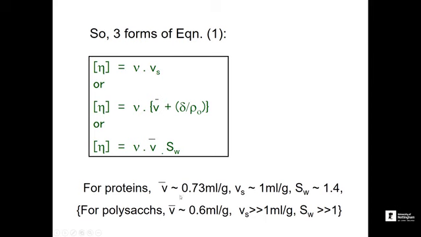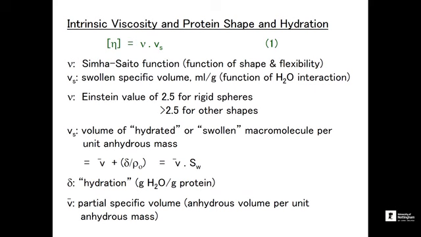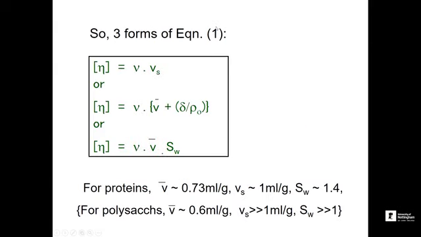And for proteins, again, we gave these values yesterday, and the swelling ratio is about 1.4 for globular proteins, and is much greater than that for polysaccharides because of the greater affinity to water. So that's the equation which relates the intrinsic viscosity to shape and to the volume of the particle.